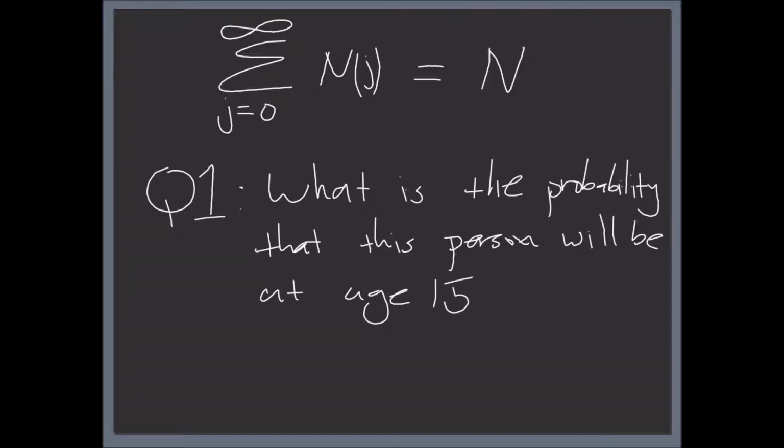Well, that's pretty simple, right? How many people do we have at age 15? One person. How many people in the room? 14. So there's gonna be 1 out of 14, right?